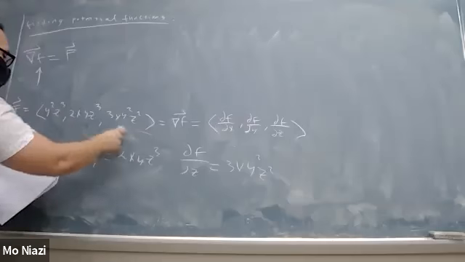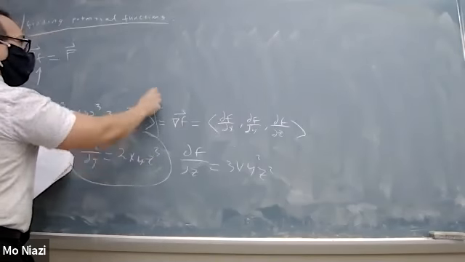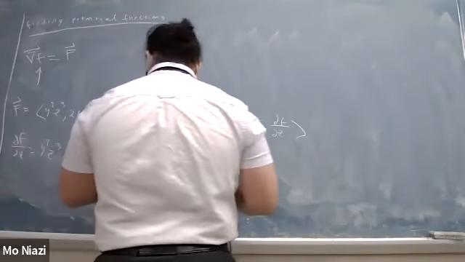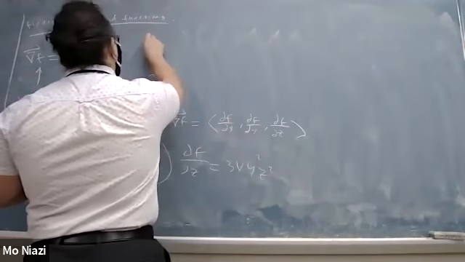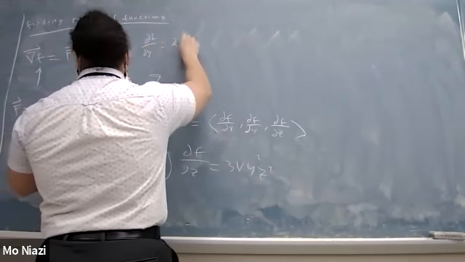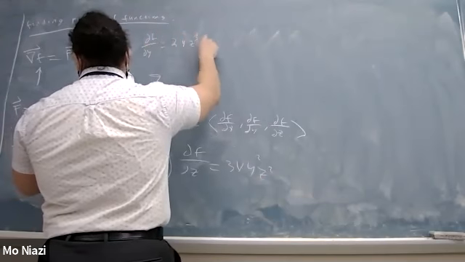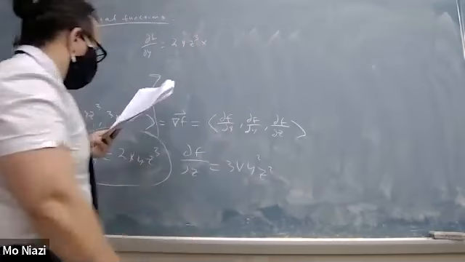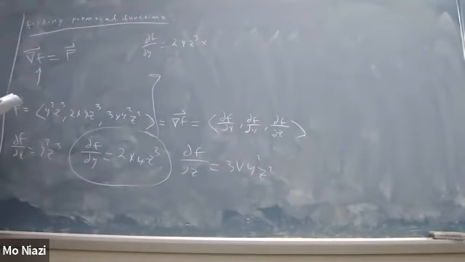So let's take a look at this guy. Notice that partial f, partial y equals 2xyz cubed. Oh, wait.